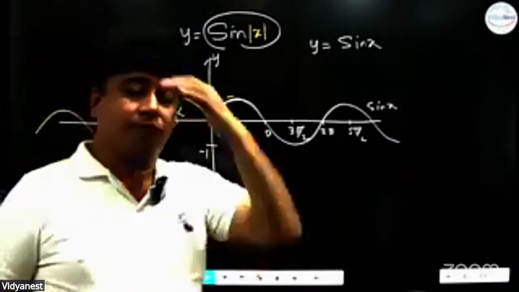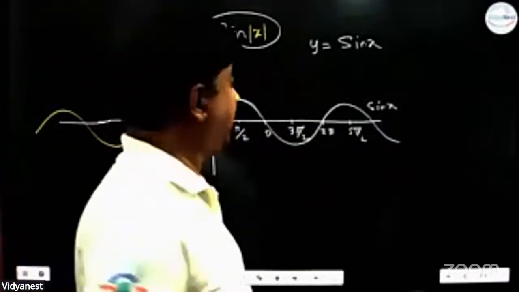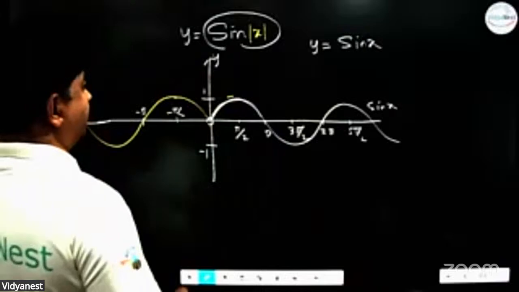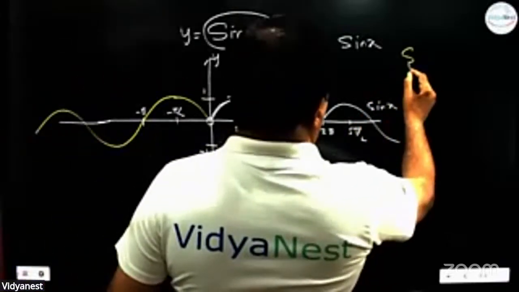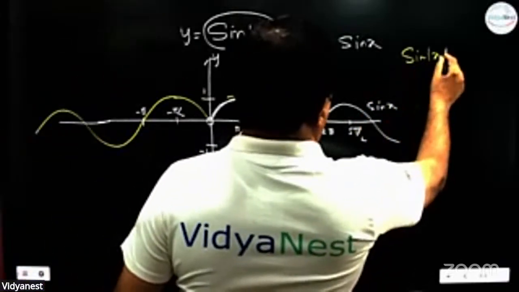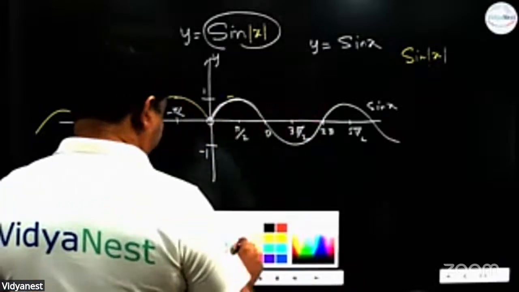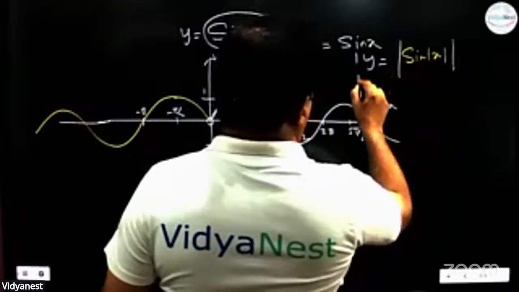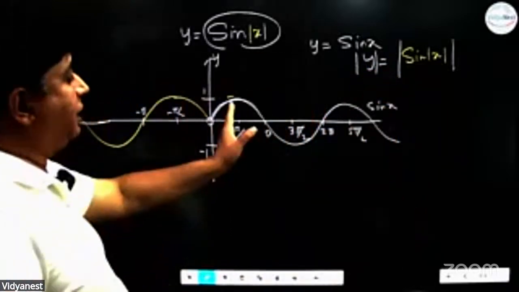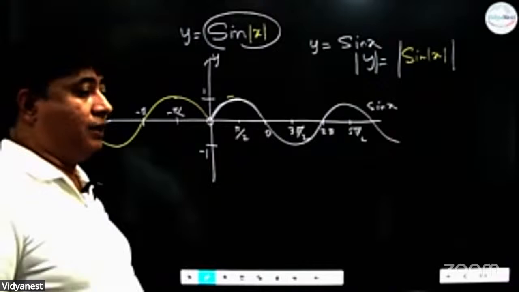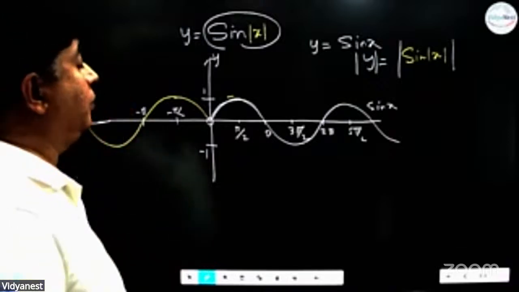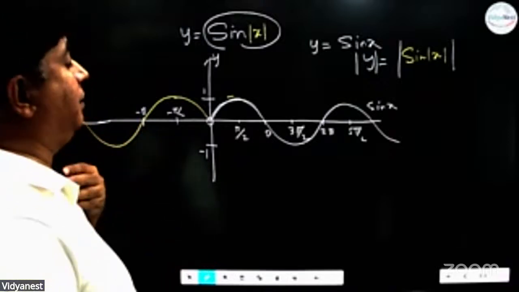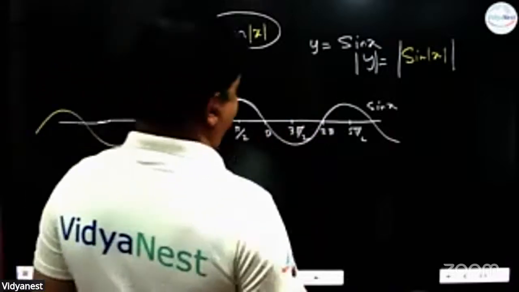Understand? Yes, sir. But if mod y is given, now mod of sine mod x, with mod meaning mod y, after getting this, we can get the image with respect to the x-axis.